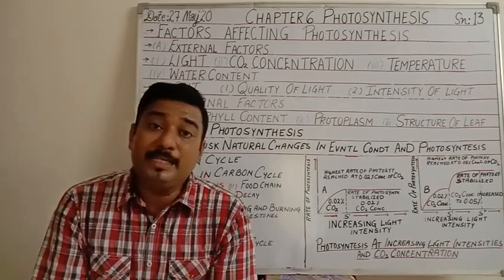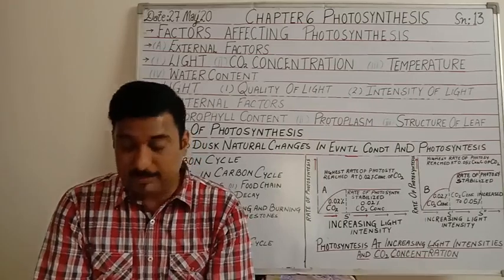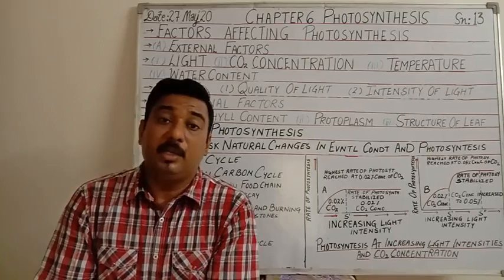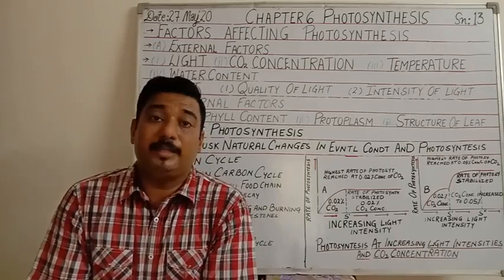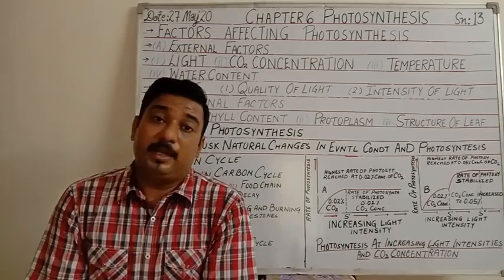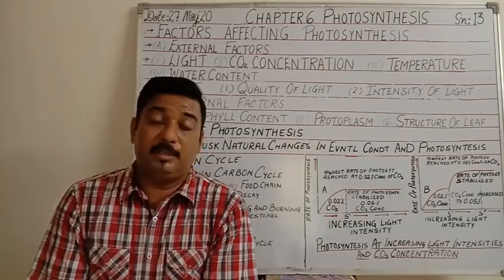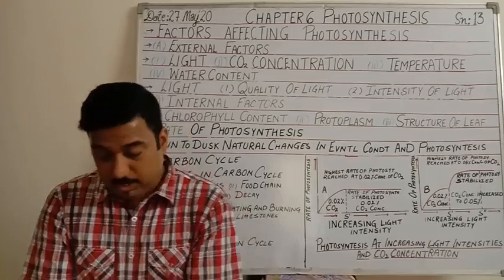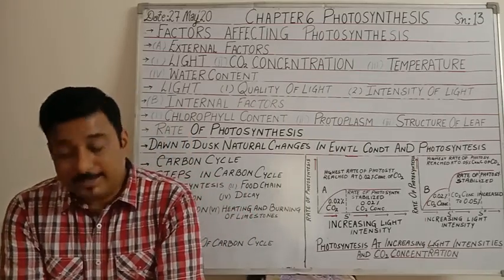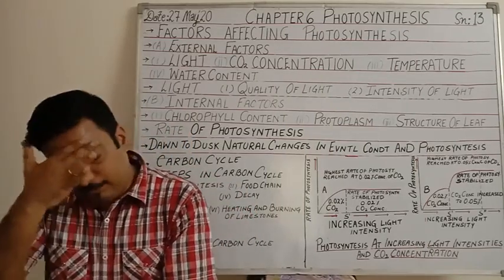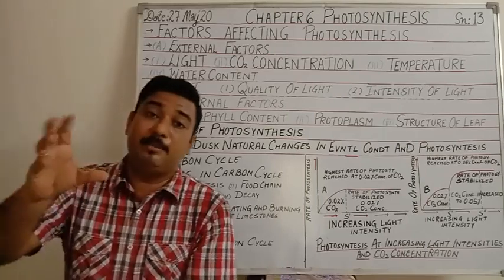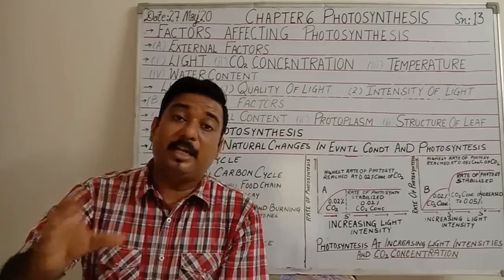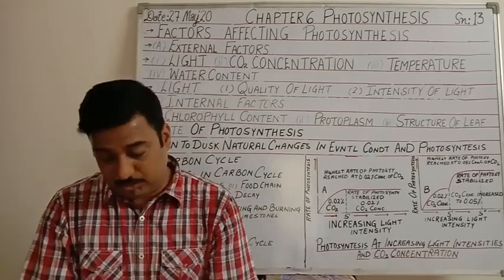Photosynthesis will completely stop above 40 degrees Celsius. At a temperature of more than 40 degrees Celsius, as nowadays the temperature is 40 degrees Celsius, so hot it is, isn't it? So you can simply understand that at such a high temperature, definitely the photosynthetic activity will be affected. At its uppermost limit, the enzymes are destroyed. As I have told you, the enzymes get destroyed or distorted, due to which they are unable to catalyze the photosynthetic reactions.